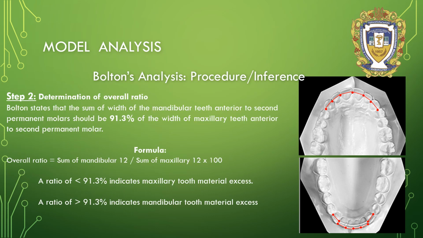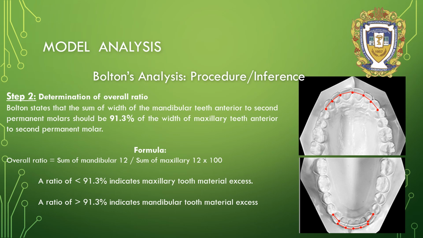Second step, determination of overall ratio. Bolton states that the sum of the width of the mandibular teeth anterior to the second permanent molars should be 91.3% of the width of the maxillary teeth anterior to the second permanent molar.